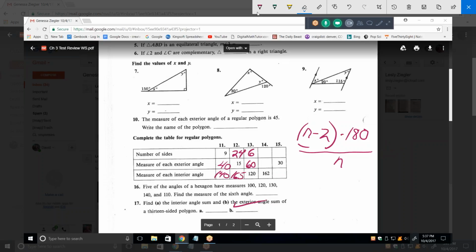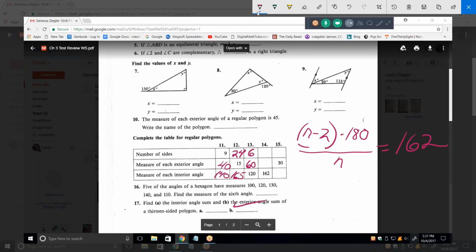There is the formula for the measurement of each interior angle, if you know the number of sides. Well, we know the measurement of the interior angle, and we want to figure out the number of sides. So how do I go about doing it? So you do that formula and it all equals 162.